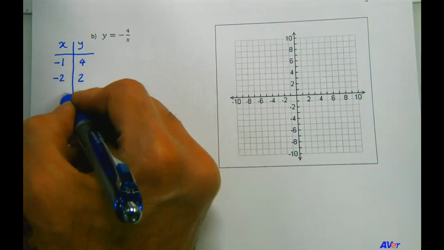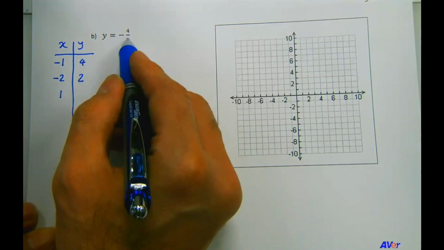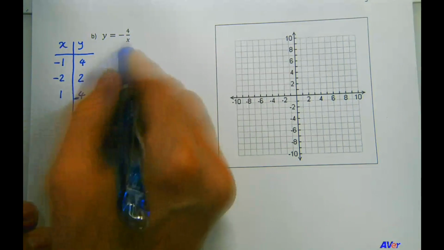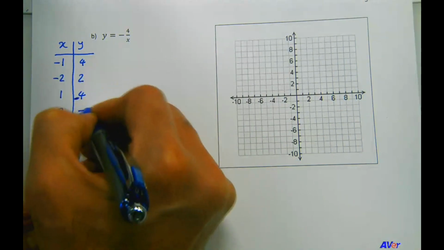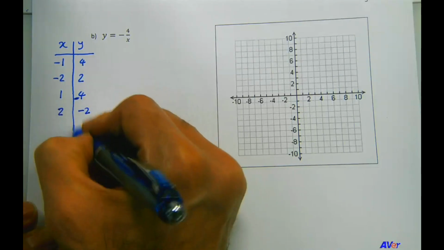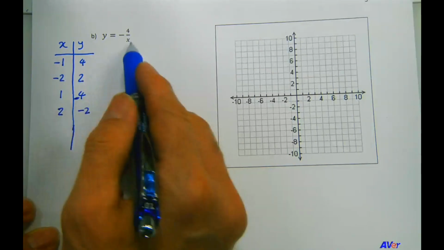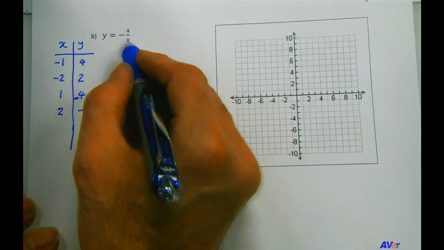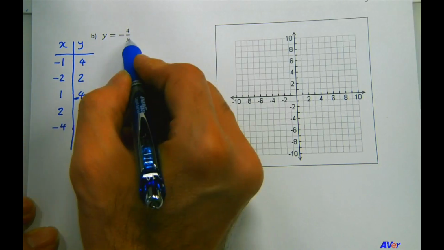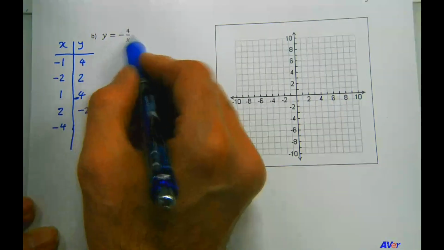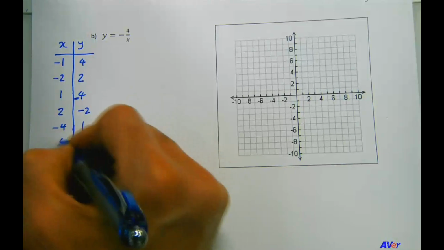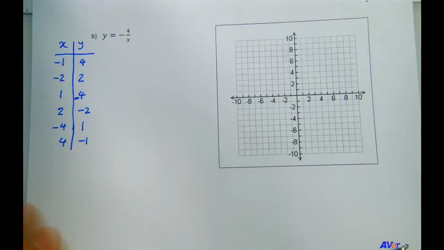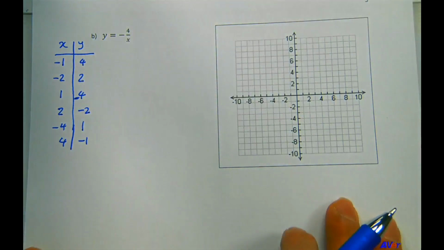And then if it is 1, then we have minus 4. And if we have 2, we have minus 2. Let's pick another easy numbers. Let's say 4 and -4, right? So if x is -4, then minus 4 over minus 4, that's positive 1. If it's positive 4, then it's -1. I think this should give us a fairly decent number of points to graph this function.